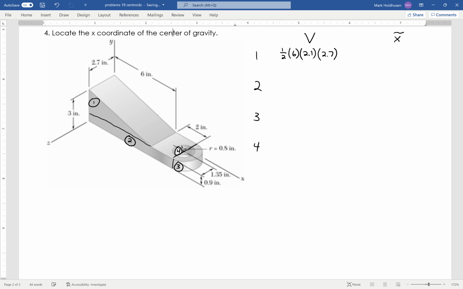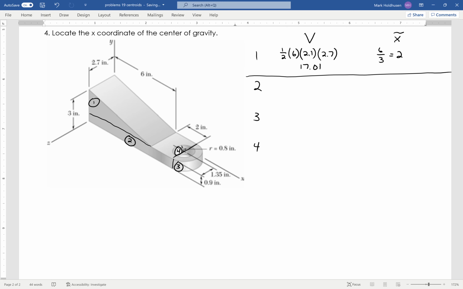Okay, and that V will be 17.01. I'll go ahead and put a line in here. Hopefully that'll help us out. And then the x tilde for this is going to be 1/3 from the flat side of the triangle, right? Along the x-axis. So that's going to be 6 divided by 3, which equals 2.